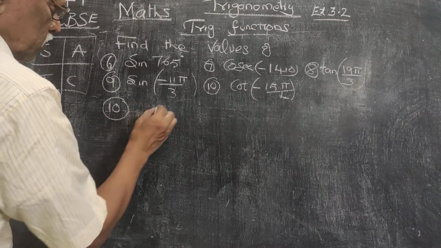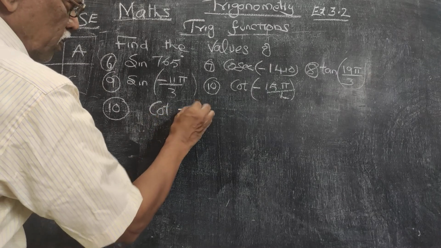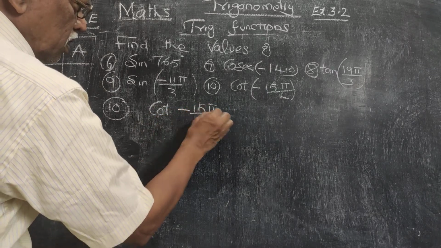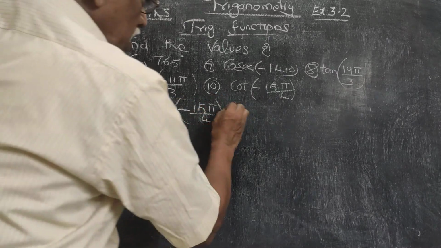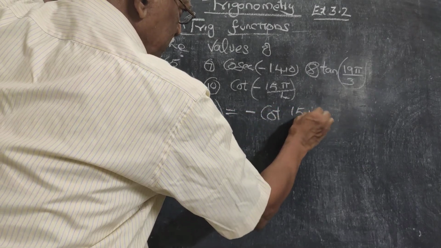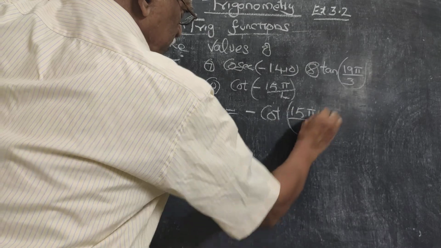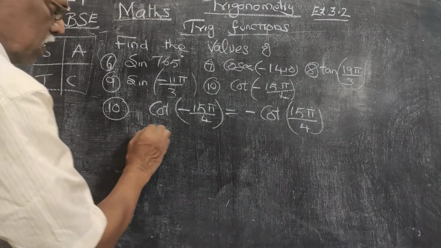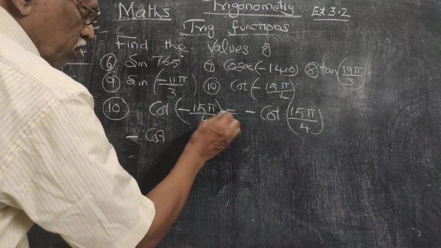Question number 10. Cot minus 15 pi by 4. Cot minus theta is minus cot theta. The result is now minus cot 15 pi by 4.